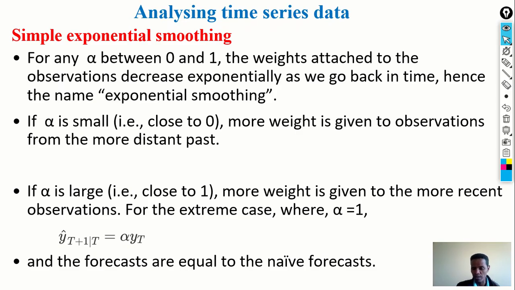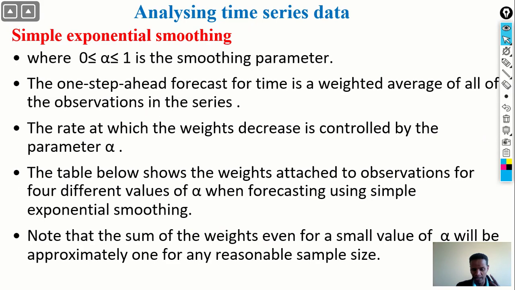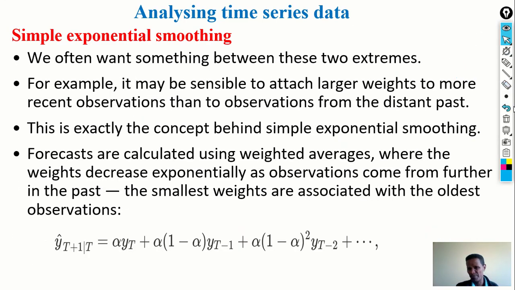Because if you substitute 1 for alpha in this formula, then 1 minus 1 is 0, so 0 multiplied by alpha and this number is 0.